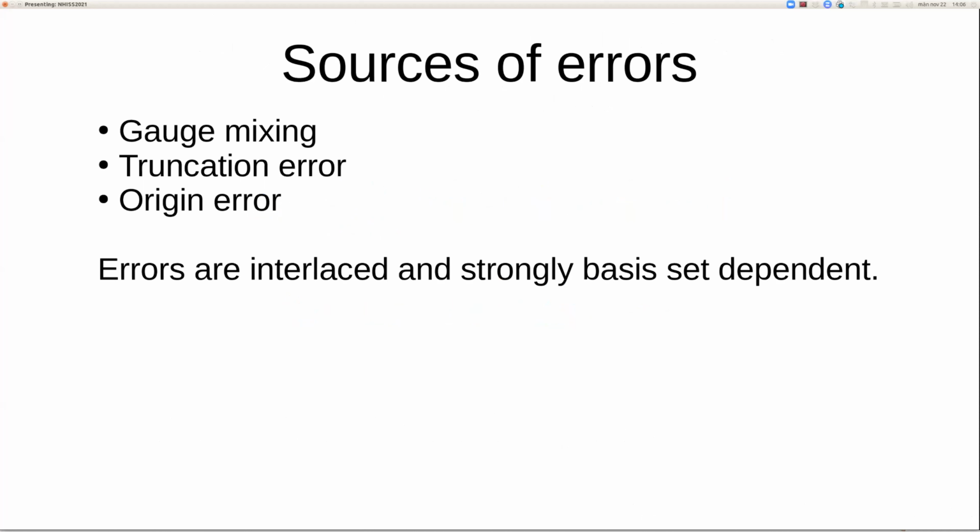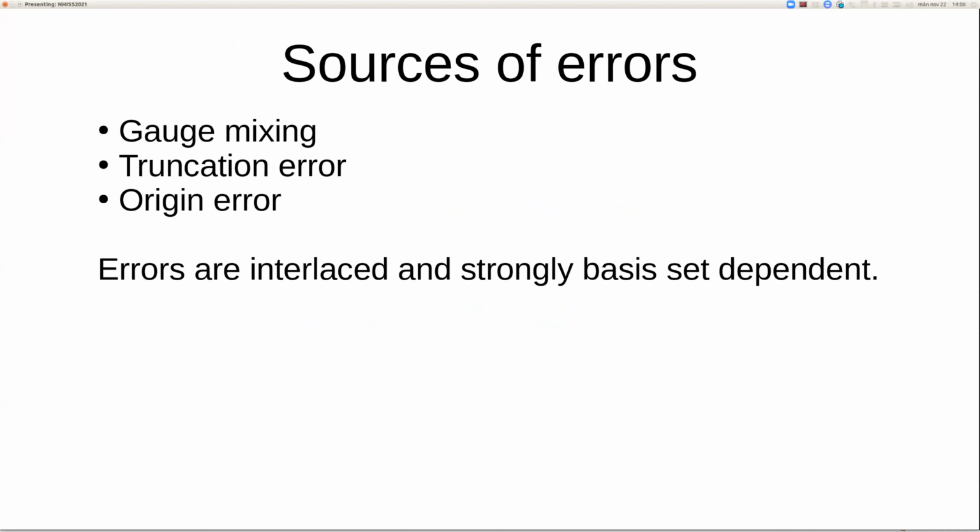So the sources of errors we're now going to look a bit into has to do with gauge mixes, where we're, for instance, using some components in a velocity representation, some components in a momentum representation.